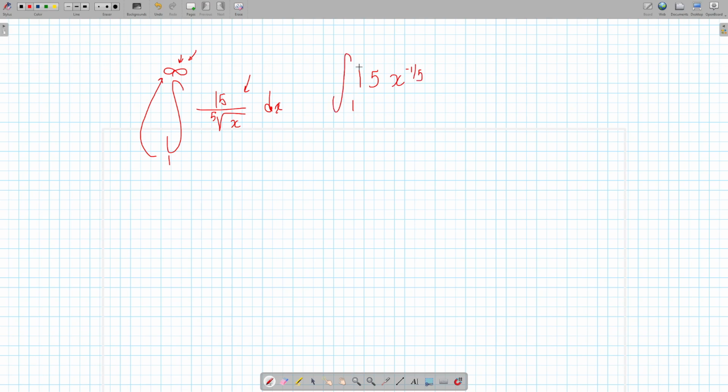Remember, integral 1 till infinity, right? dx. Integrate it, you're going to get 15 x to the power of 4 over 5 over 4 over 5, and you're going to get 75 over 4 x to the power of 4 over 5. What are our bounds?